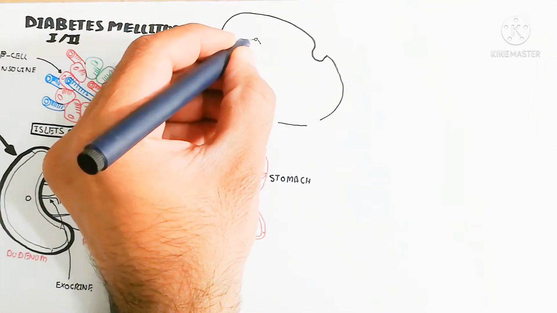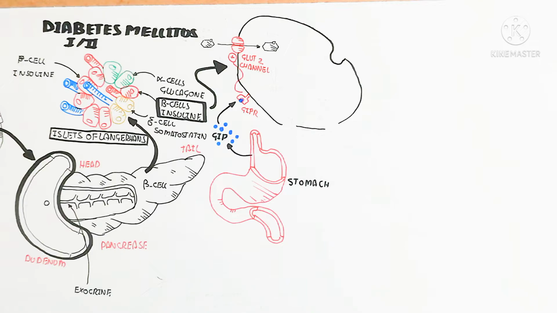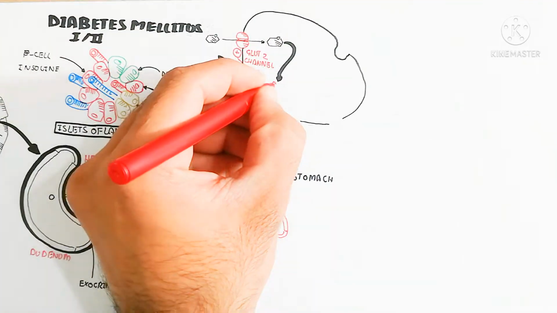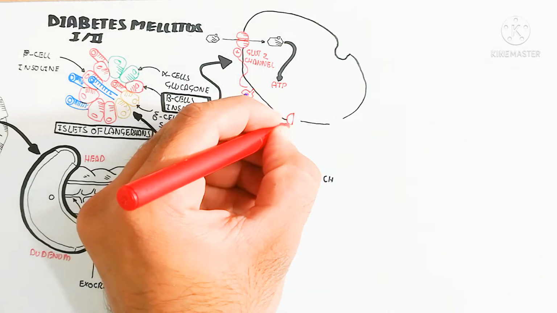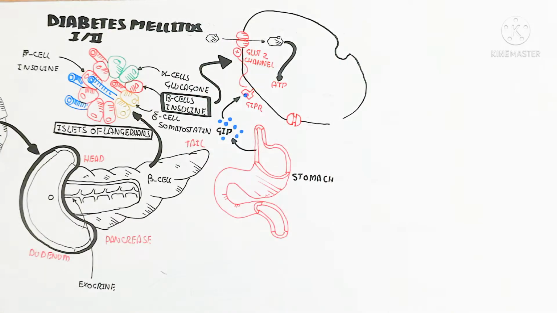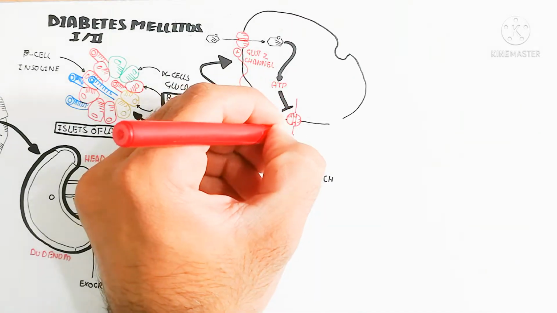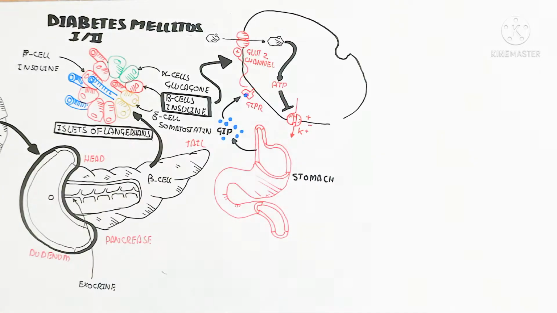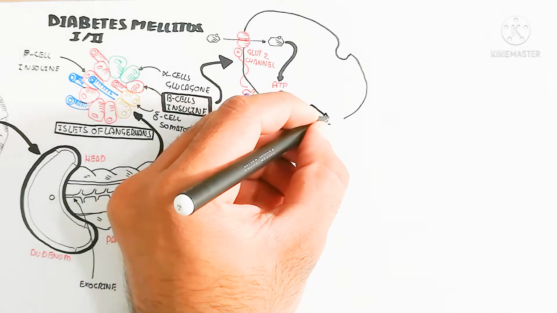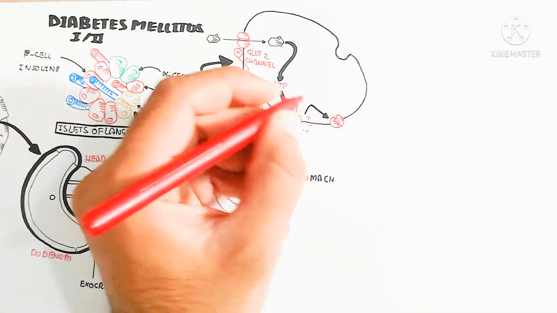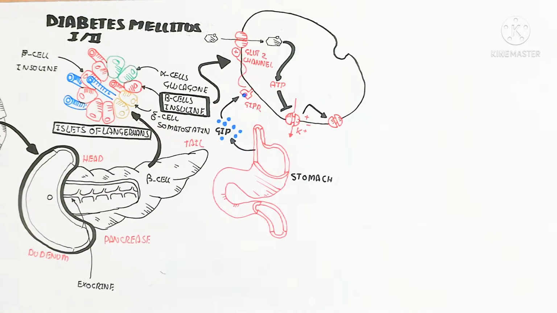So ATP is yielded from the glucose through glycolysis and aerobic respiration, through the Krebs cycle as well as the electron transport chain in the mitochondria. The increased ATP inhibits the potassium channel. In this way depolarization will occur and the inside will become less negative.